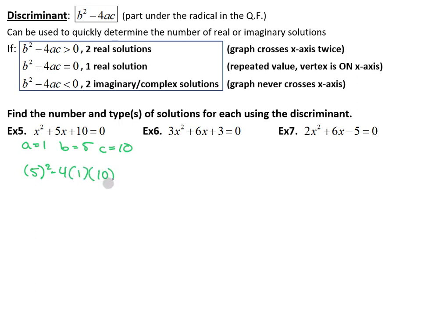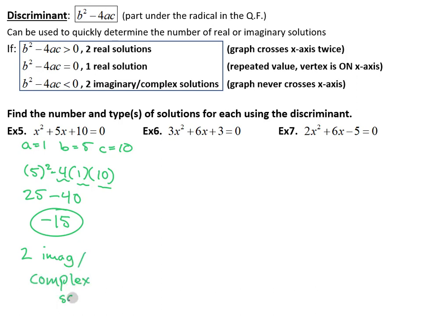This is 25, and we can multiply these together, which gives us -40. And I end up with -15. Keep in mind, this is the part that would have been under the radical. So this is the value of my discriminant, and what does it mean? It means we're going to get two imaginary or complex solutions.